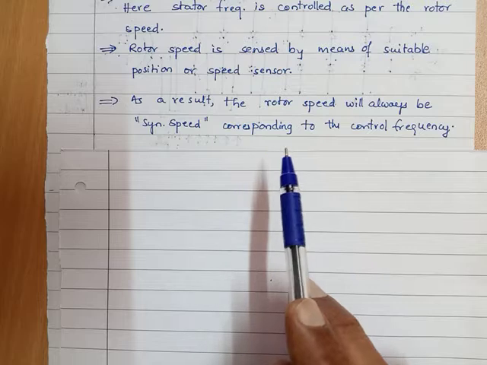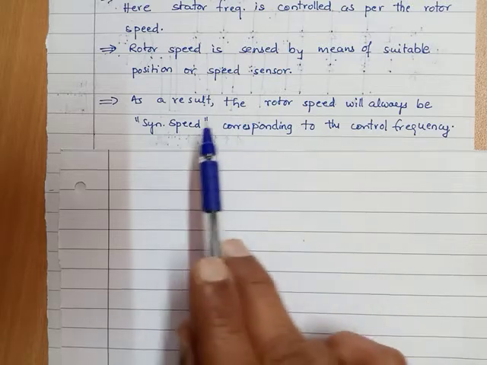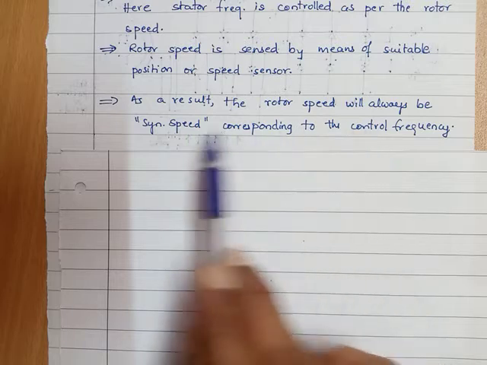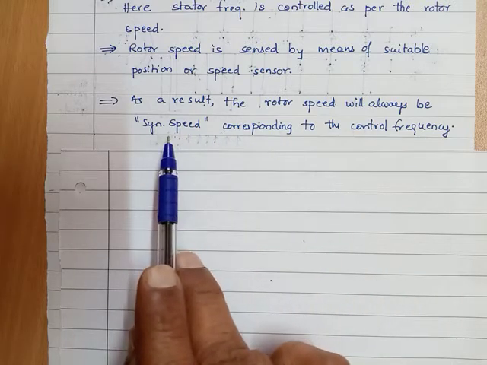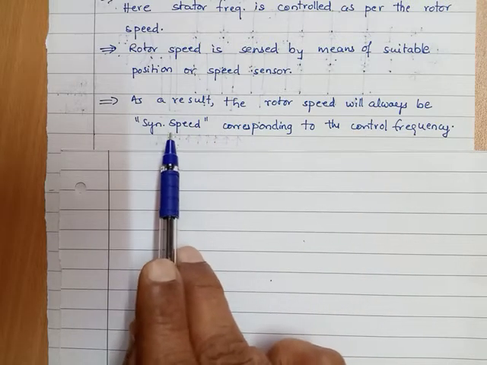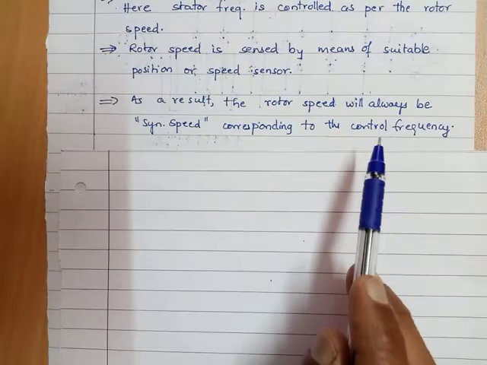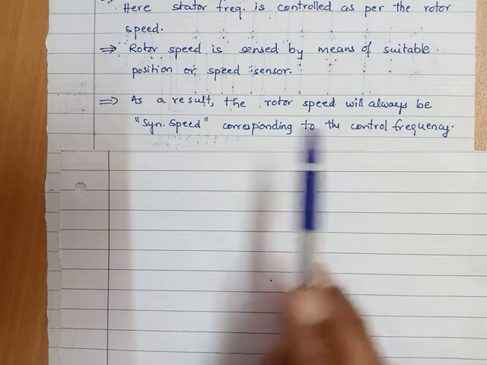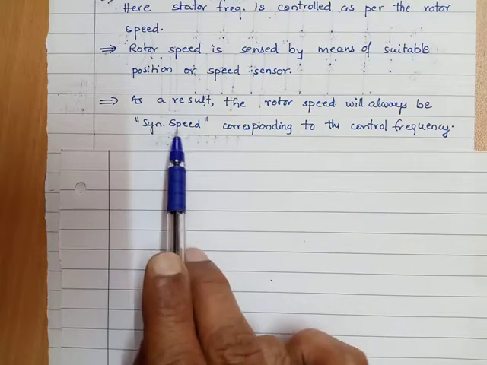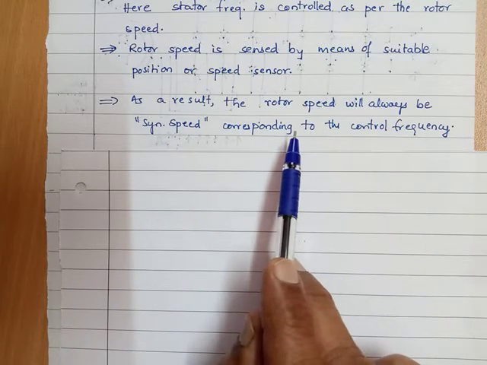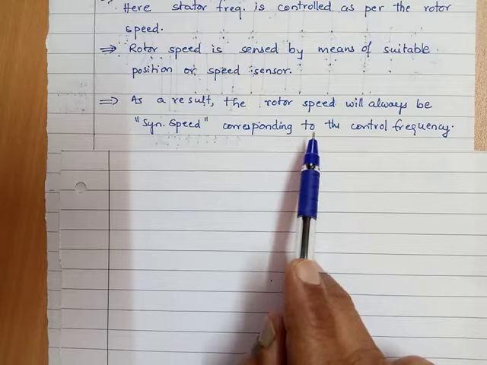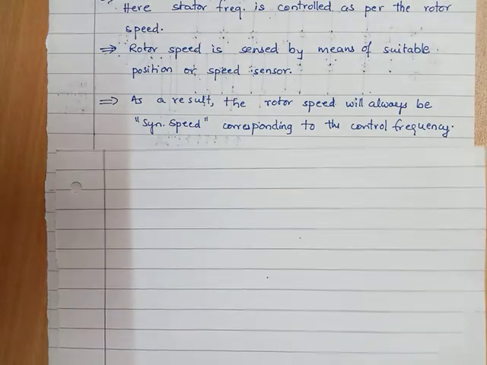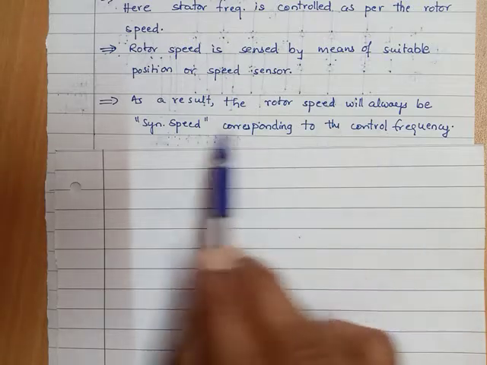Hence the rotor speed and the frequency being hand in hand, the rotor will be running at synchronous speed. Are you catching that? Since we are monitoring the rotor speed, according to that only the frequency is generated and given to the stator. We have the rotor running at the synchronous speed corresponding to the frequency that we are applying.